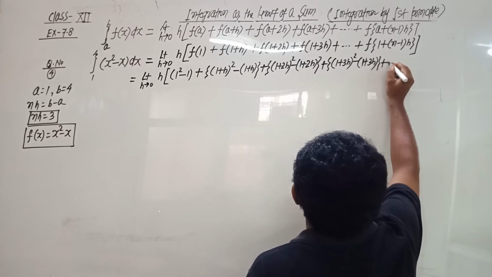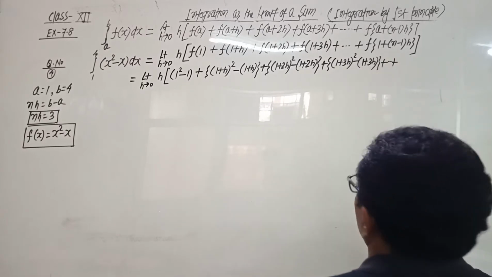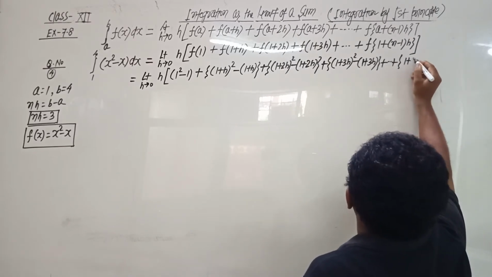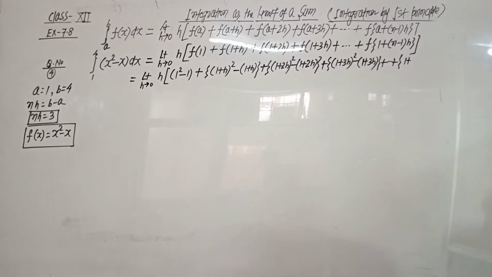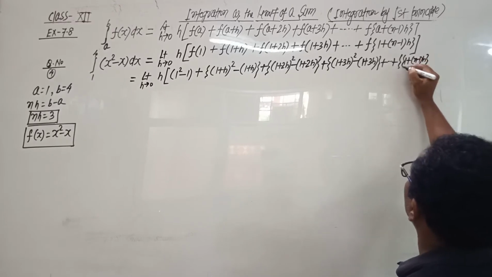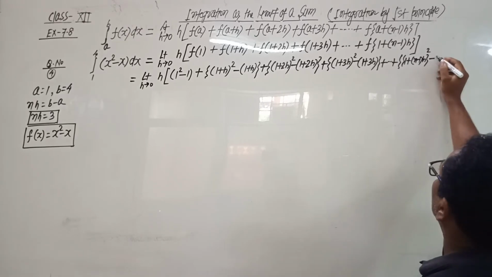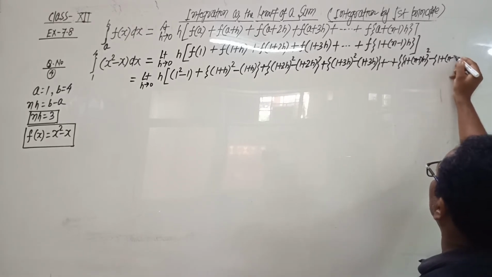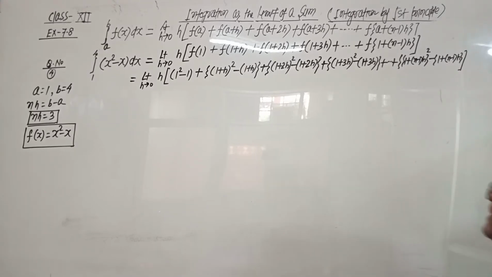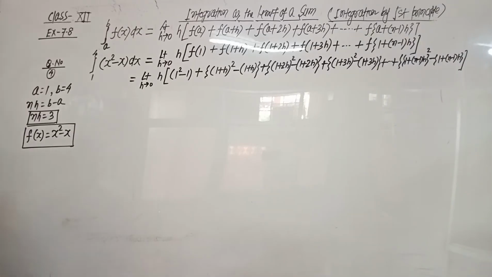And for finding f(1 plus (n minus 1)h), at the place of x we have substituted 1 plus (n minus 1) into h, the whole square, minus (1 plus (n minus 1) into h).